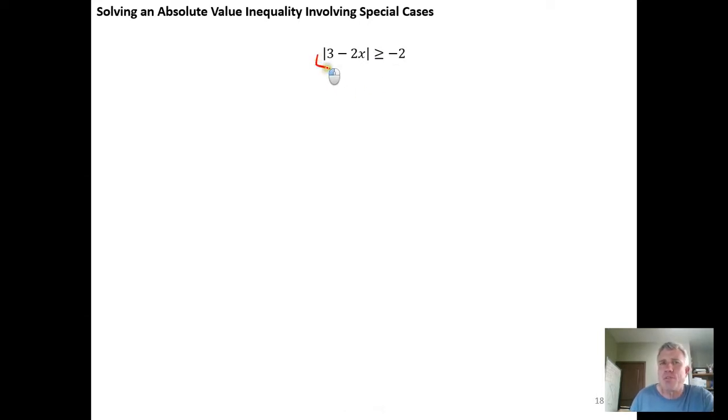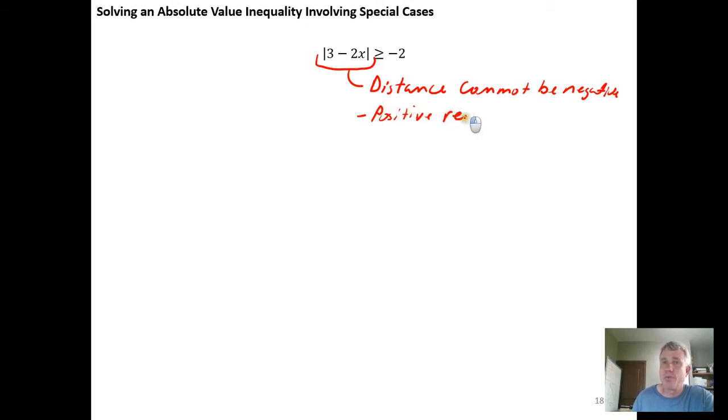Remember that the absolute value represents distance from 0. And remember that distance cannot be negative. So distance is either going to be a positive real number, or the distance from 0 could be 0.